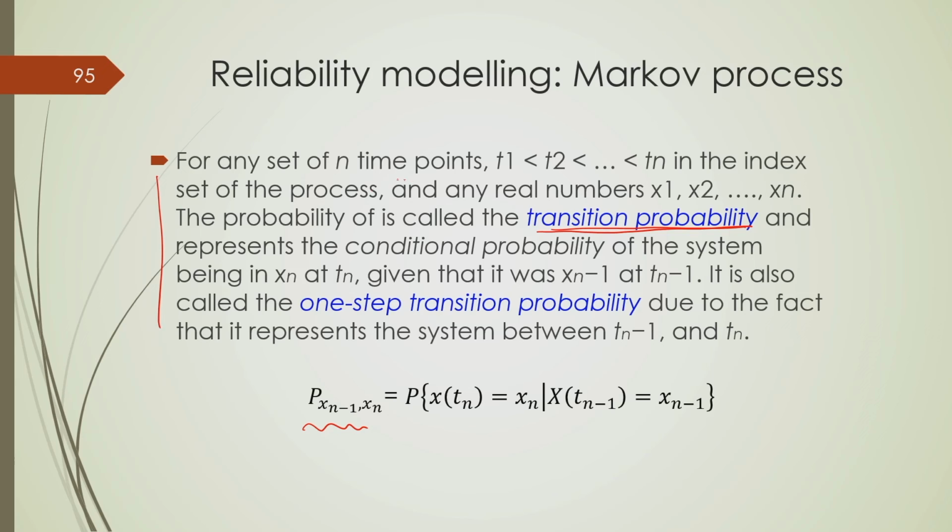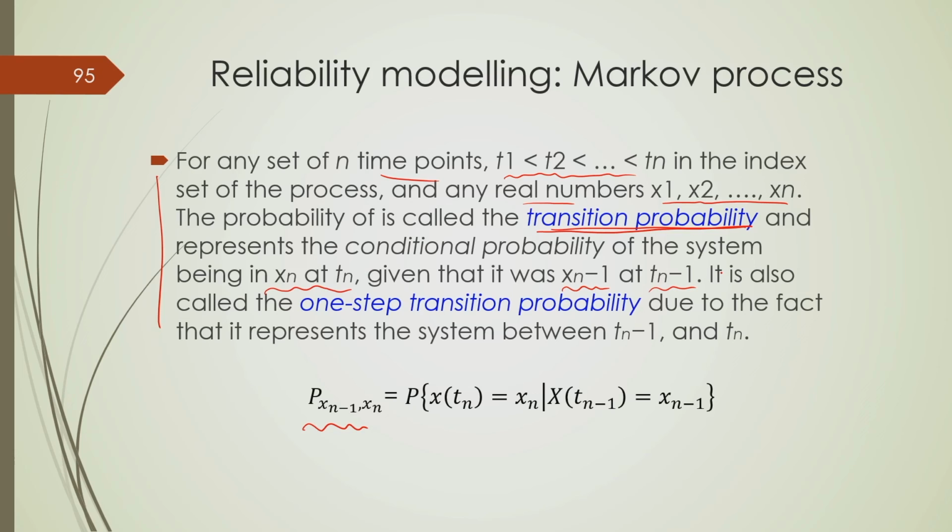So, for any state of n time points where t is gradually increasing, t_1 less than t_2 less than t_n, and there are real numbers x_1, x_2 to x_n, the transition probability is the conditional probability of the system being at x_n at t_n, given that it was at x_(n-1) at t_(n-1).